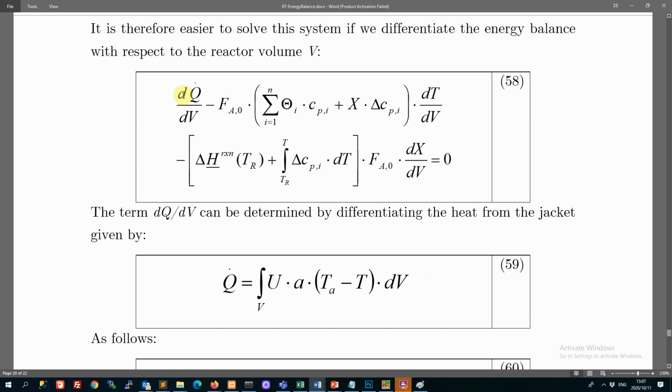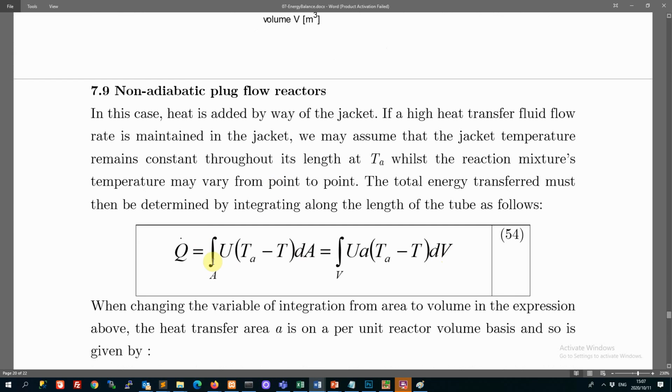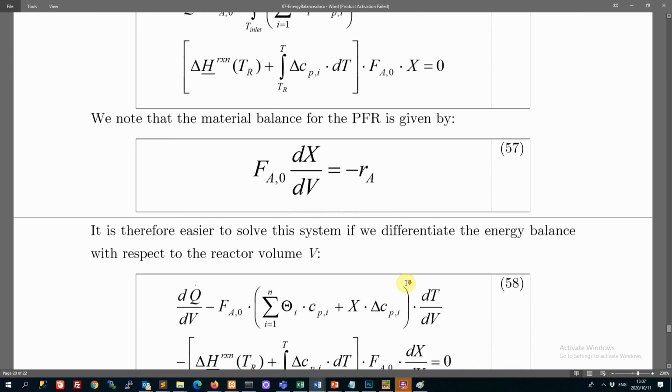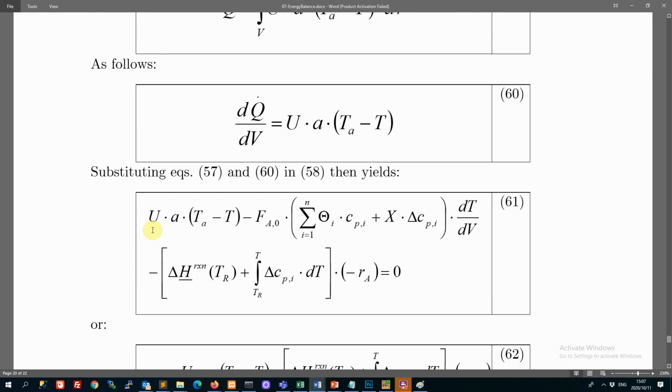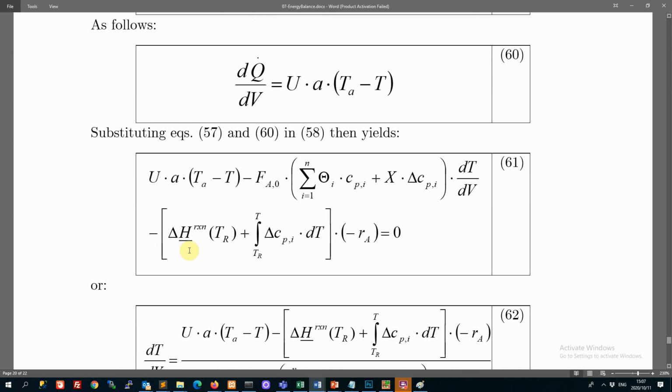And then your dq dv, remember we've got all this here. So dq dv, you can see an integral in v. So dq dv is simply Ua(Ta minus T). So we just write that in there. And then here we've just substituted the dx dv part. Right, so that's everything then.